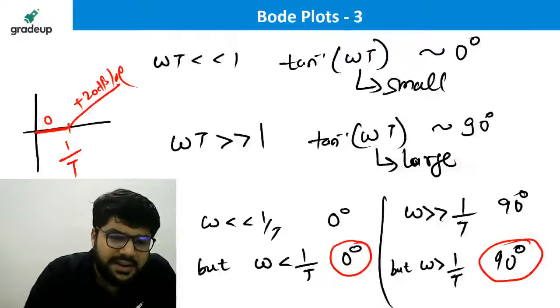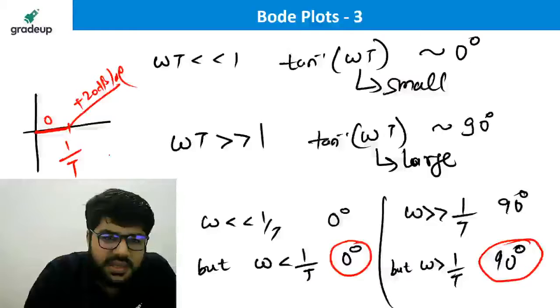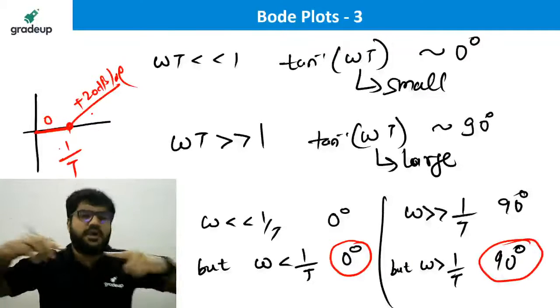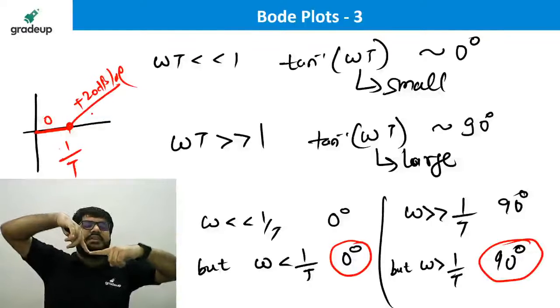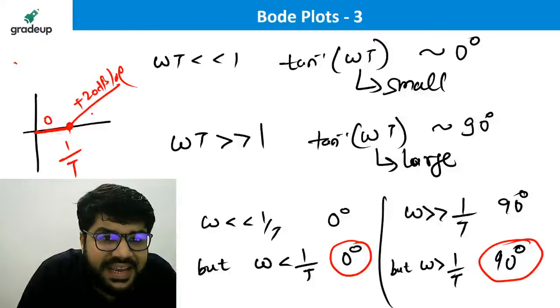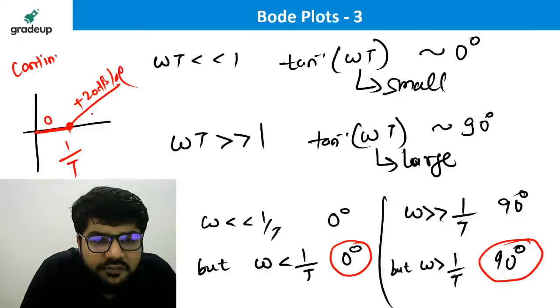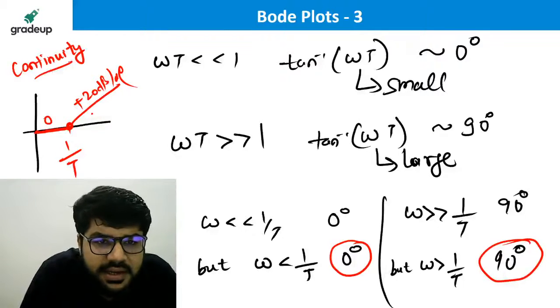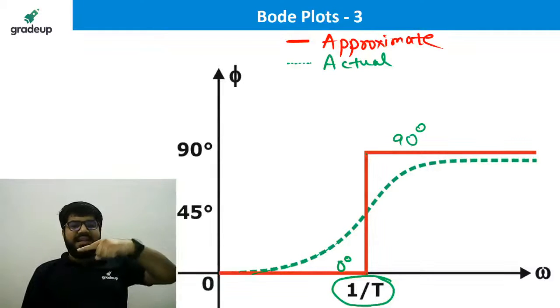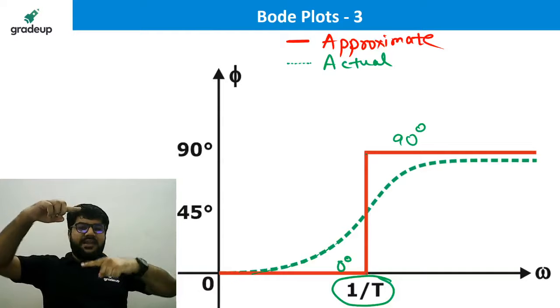In the case of the magnitude plot, at the corner frequency, both the low frequency and the high frequency plots were connected to each other. That means the graph was maintaining continuity. But here, one of the problems is that the 0 degree and the 90 degree, the low frequency and high frequency results, are not connected.